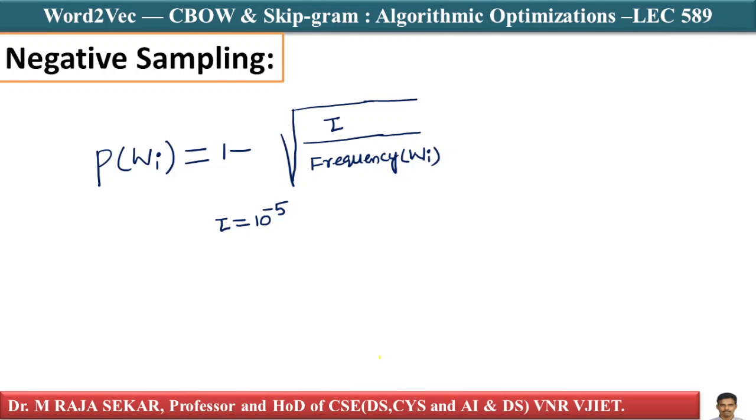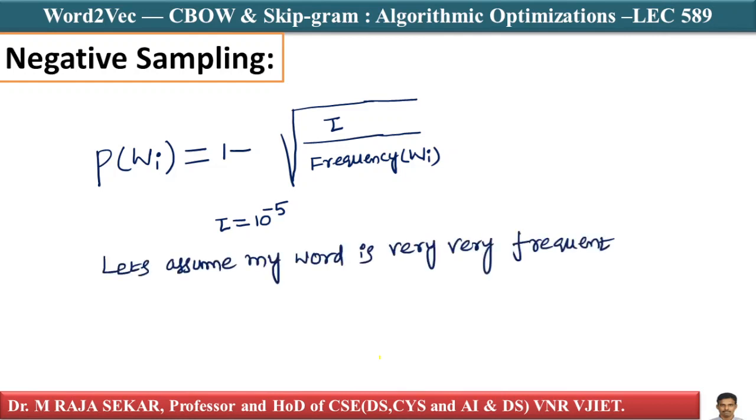So let's understand what this probability is doing. You can write this as the probability of picking a word, P of Wi. Let's assume my word is very, very frequent. In that case, what happens?